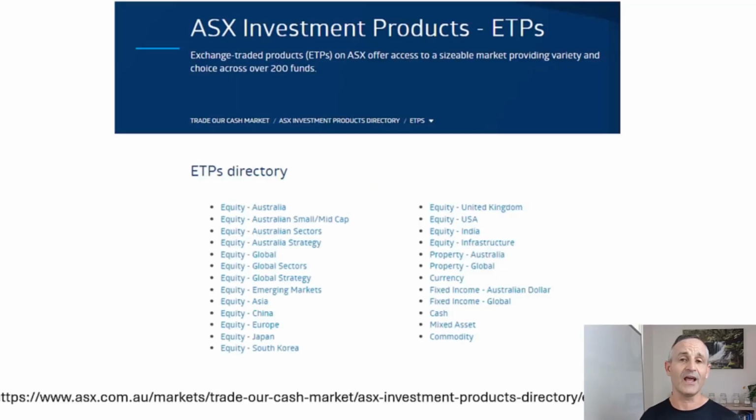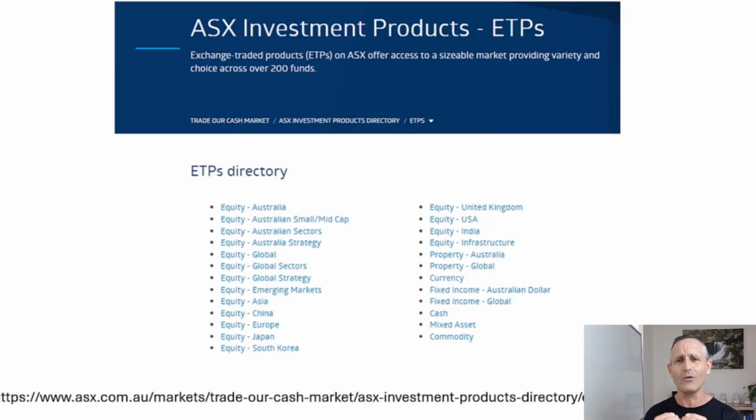Here is a list of all of the exchange traded products available on the Australian Stock Exchange. So as I said to you, there are 328 exchange traded funds, and they're all divided up into categories. So when we start looking at, well, what do I invest in? What we want to do first is to start eliminating the categories we're not interested in.